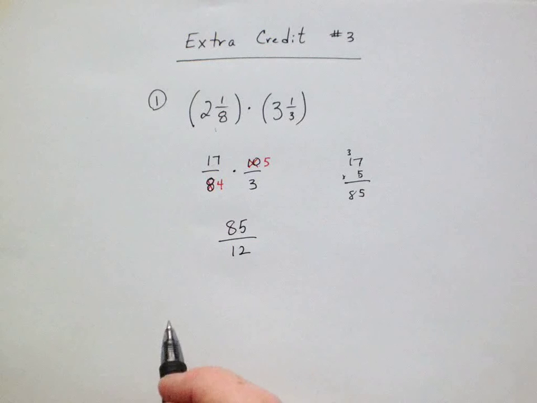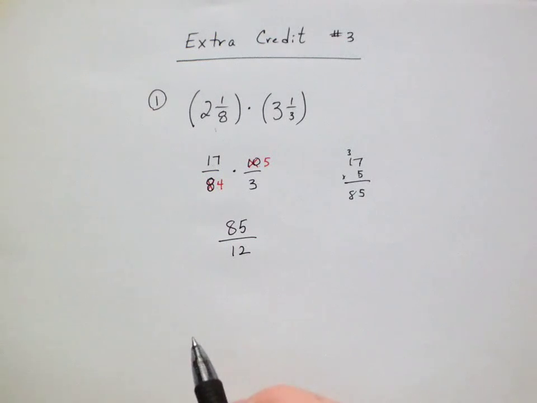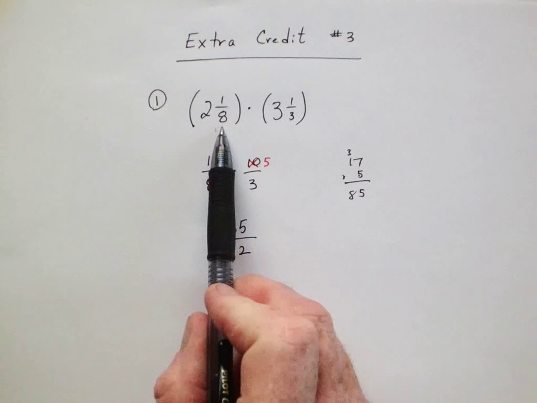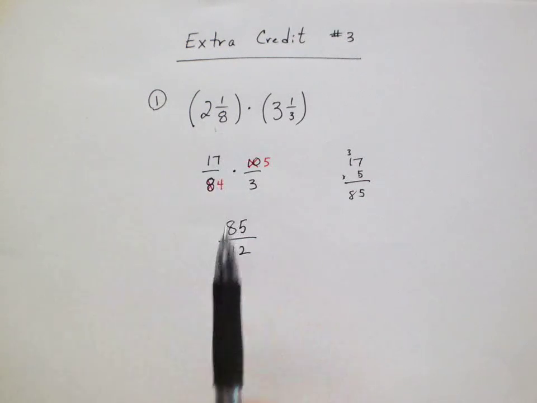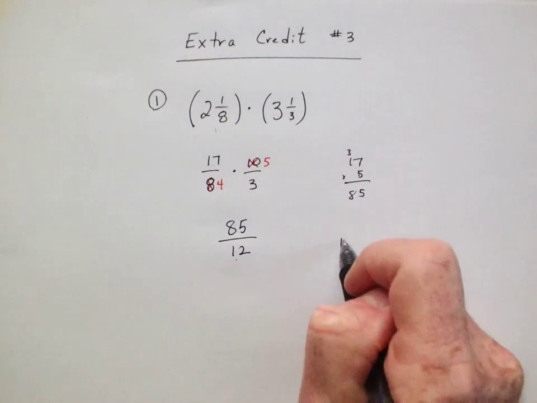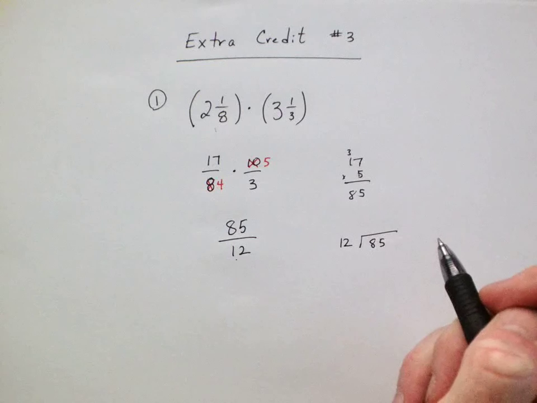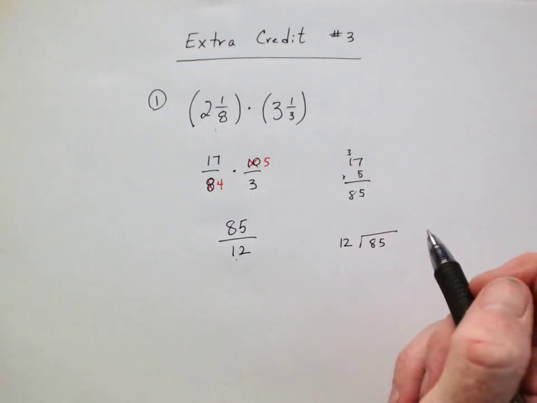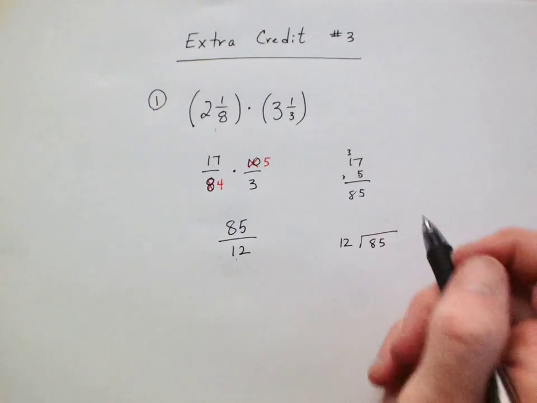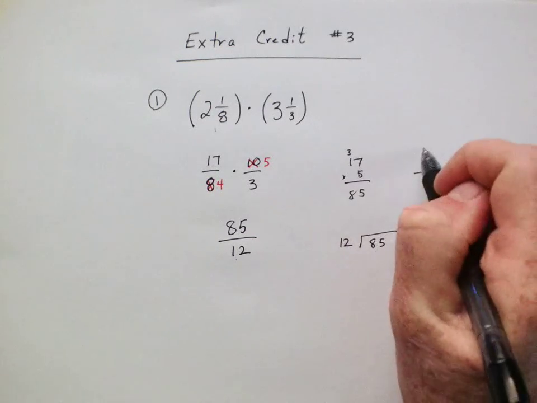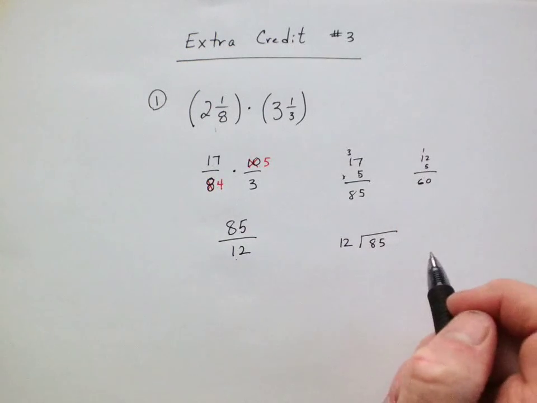And then for most problems, you could actually stop right there, except the question had mixed numbers, so the answer should have mixed numbers. So I do need to change this into a mixed number. So 12 divided into 85. Well, let's see. 12 times 5, that would be 60, so that's not quite big enough.